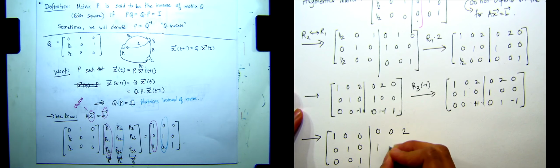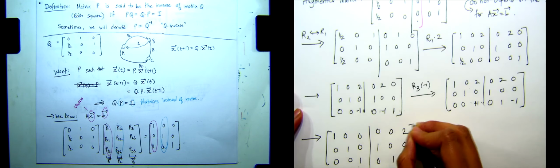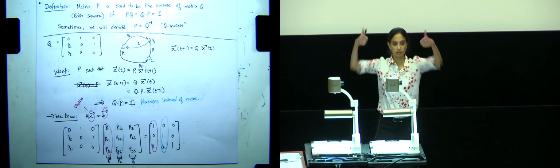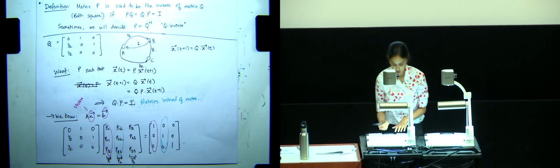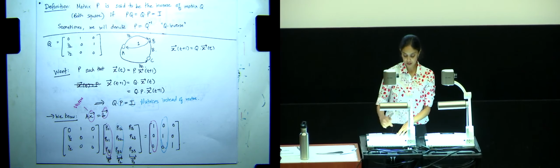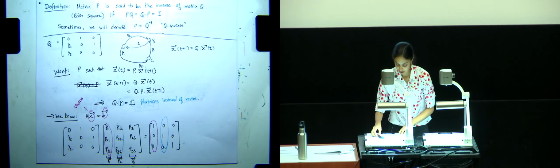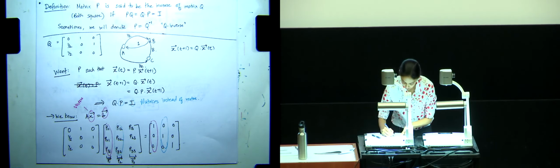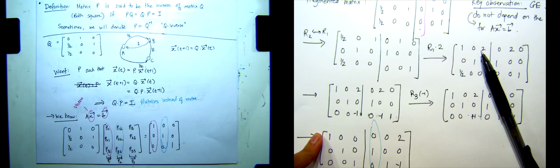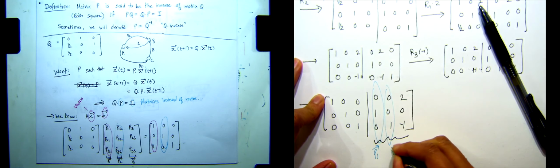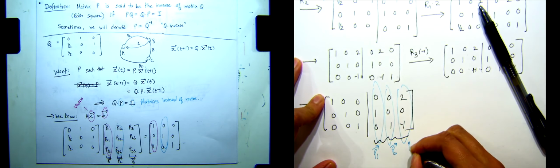I get 1, 0, 0, 0, 1, negative 1. Does everyone get the same answer? Okay, great. So what is the first column here representing? P1, right? So this is P1. This is P2. And this is P3.